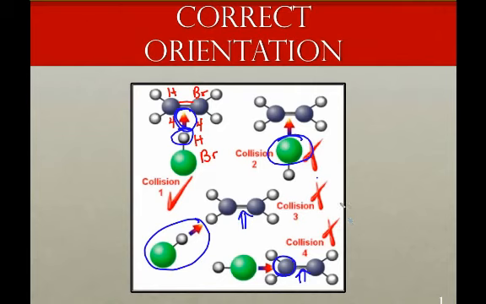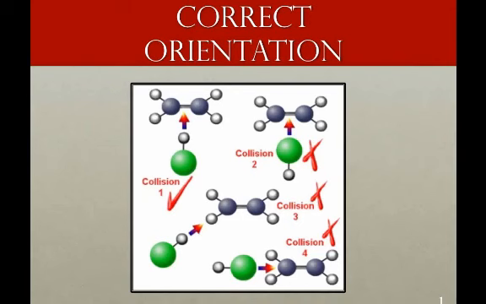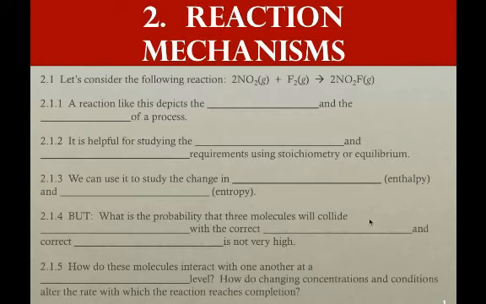And so in this case, only one of these collisions would lead to a successful reaction, always assuming sufficient energy to overcome that activation energy at that point. So those are our 3 premises. Now we're going to ultimately link those to the factors that affect the rate of a reaction.